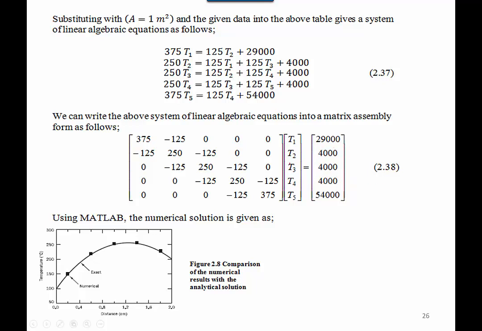If we solve this matrix using MATLAB or our scientific calculator, we will have the result as shown in figure 2.8, where the black rectangular dots represent our numerical solution, and the black curve represents the exact solution when we solve it analytically.